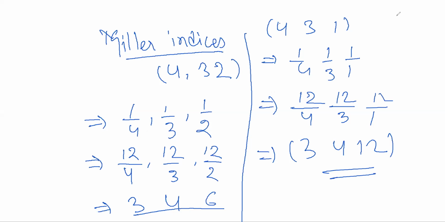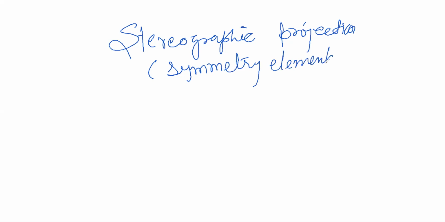Now we'll be moving to our stereographic projection. In stereographic projection, we mainly take the symmetry elements. So in this, as we all know, there are 3 symmetry elements: axis of symmetry, plane of symmetry, and center of symmetry.